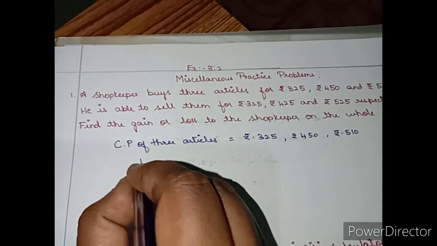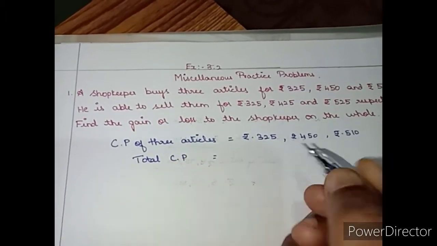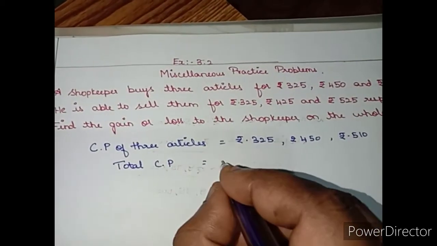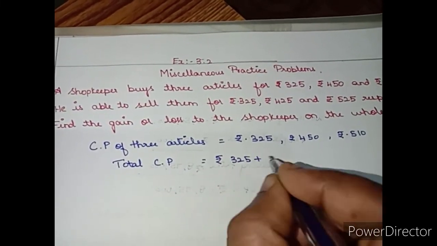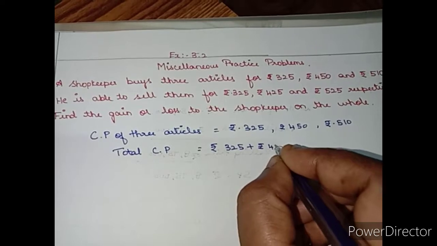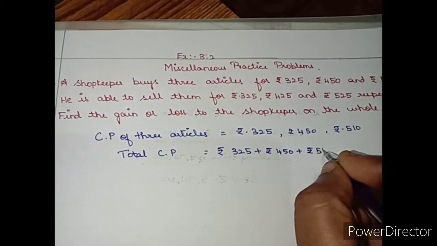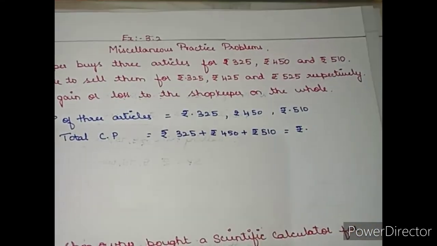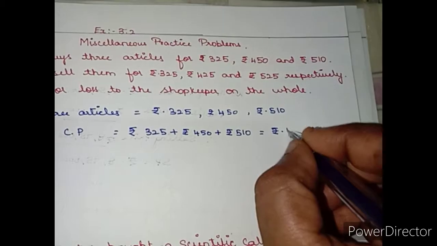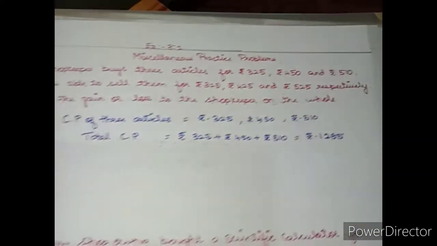So total CP is equal to, we have to add them. Rupees 325 plus rupees 450 plus rupees 510 is equal to rupees 1285. You know the addition, right?